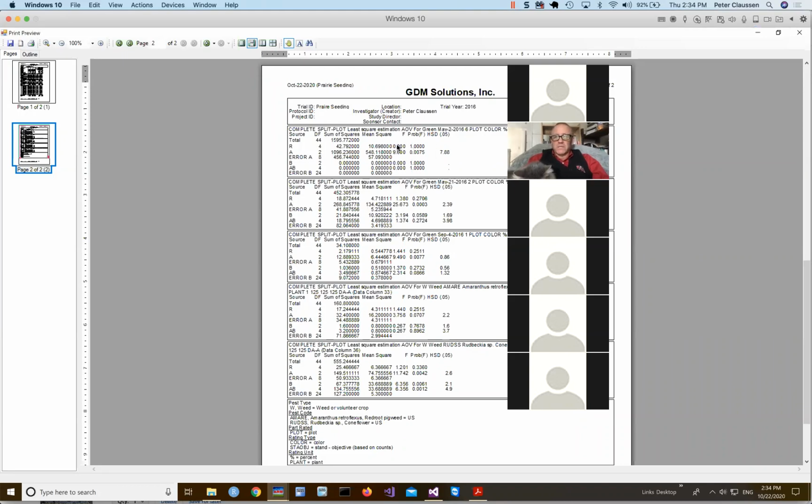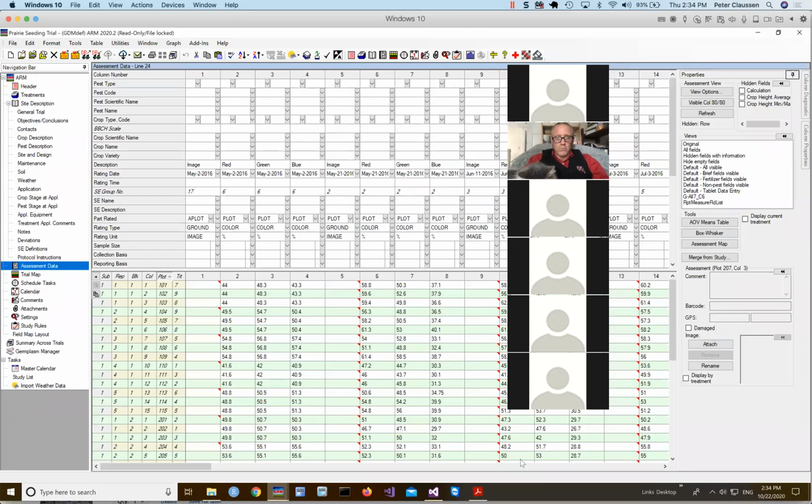In this experiment, even though I had 45 subplots, I can only compare my whole plot treatments, burn, mow, and spray, as if it were an RCB of 15 plots. It's the same as if you had done an RCB with subsamples. The subsamples don't give you any more information about your experimental error.